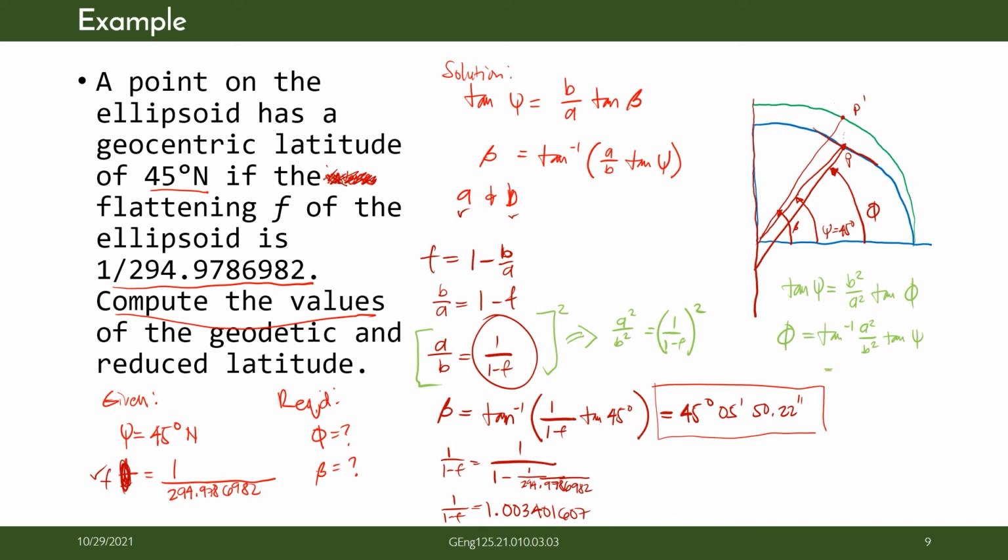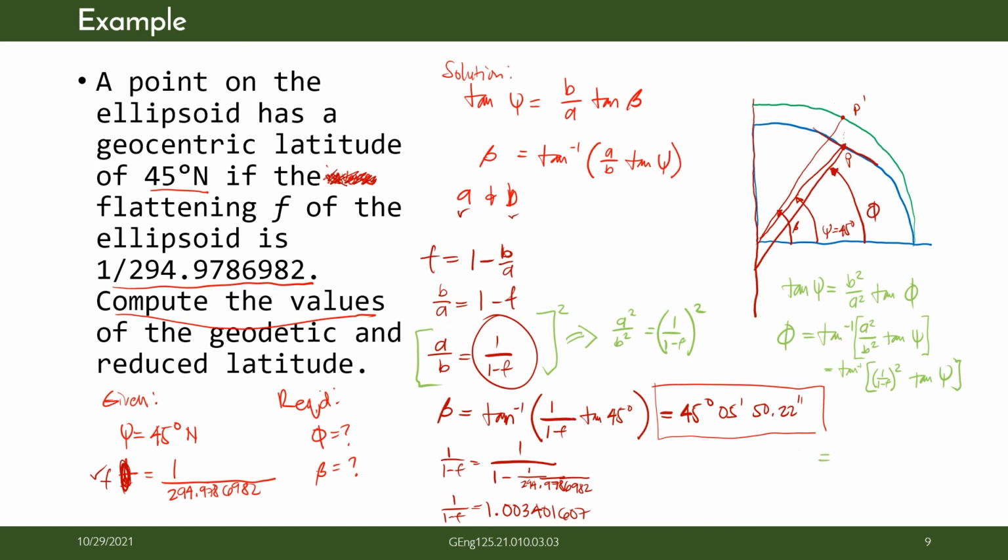Then that would become arctangent. So we put a bracket there. And then we substitute this variable into this one. So that would be 1 over 1 minus f squared times tangent 45 degrees.